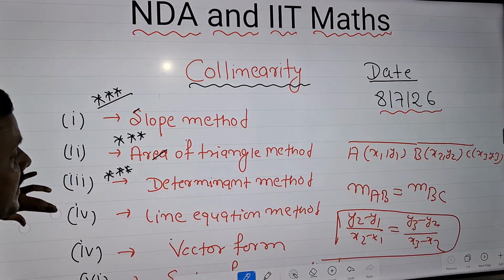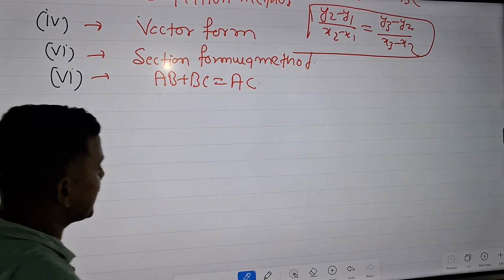Next method is the area of triangle method. What is the area of triangle method?